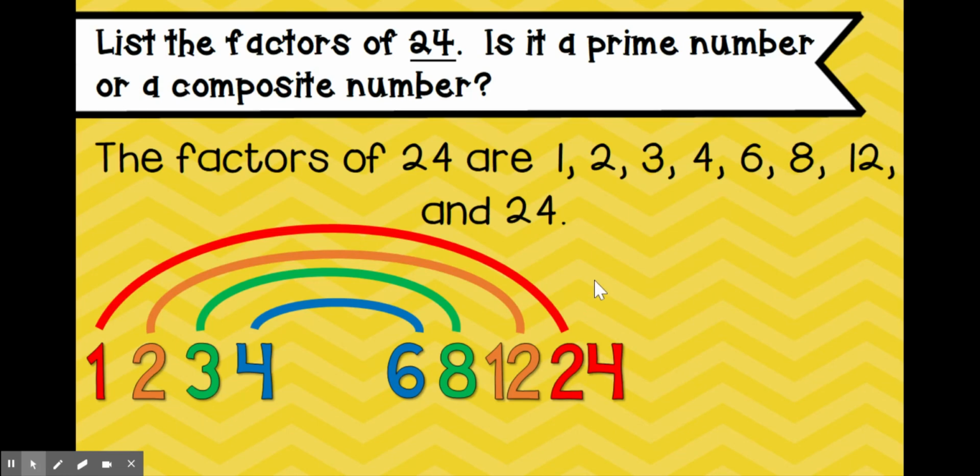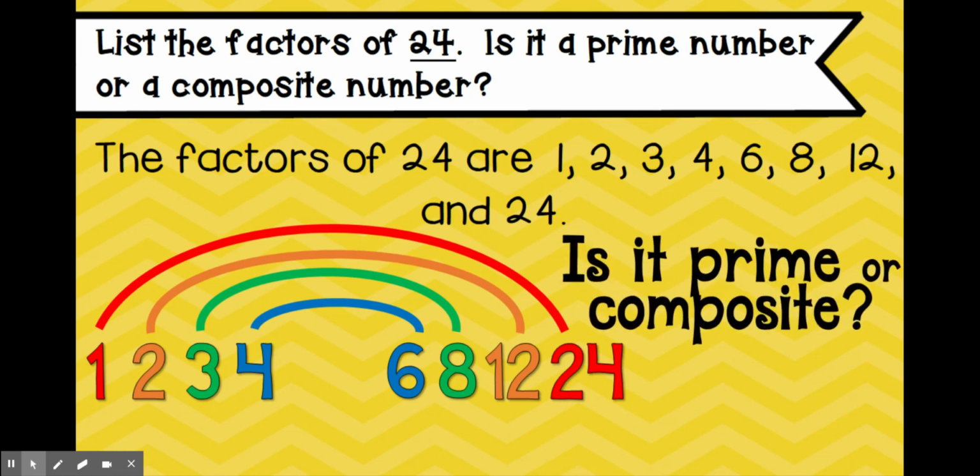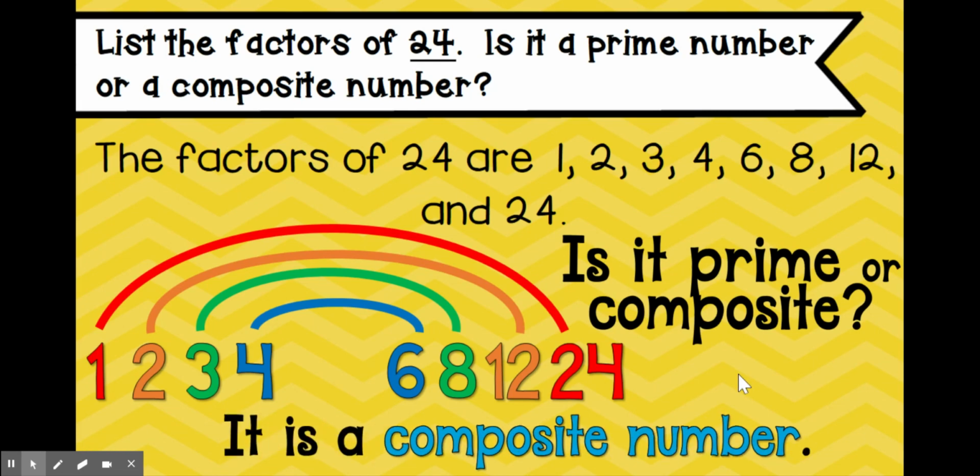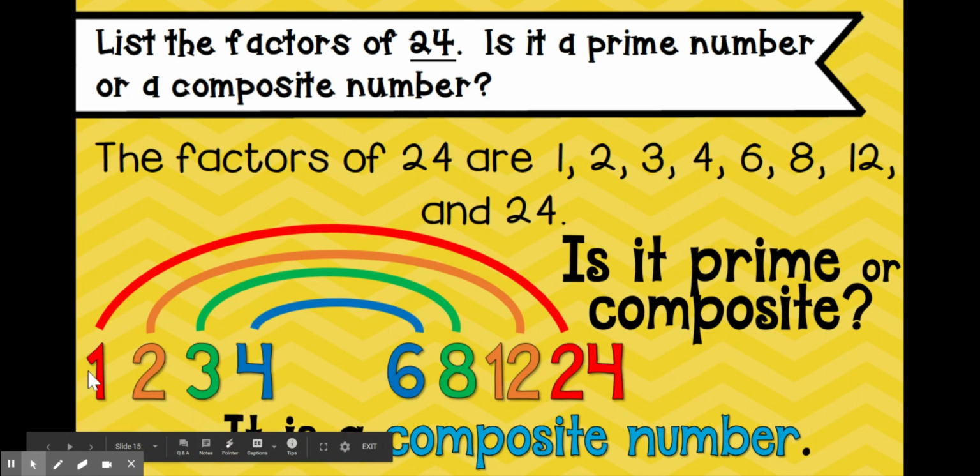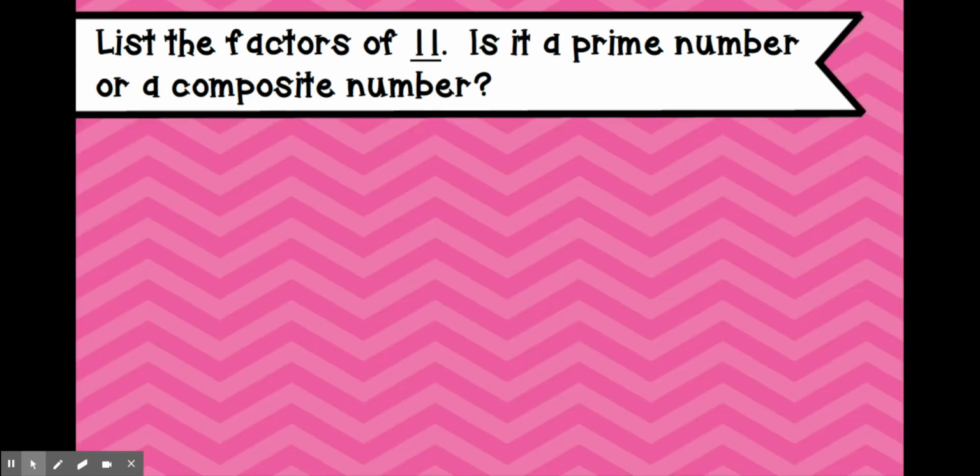The factors of 24 are 1, 2, 3, 4, 6, 8, 12, and 24. It is composite because there are more than 2 factors. 24 has 1, 2, 3, 4, 5, 6, 7, 8 factors. So it is composite. All right, let's continue to practice identifying prime and composite numbers.